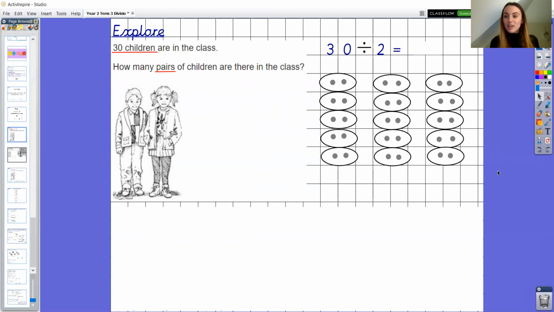So what is the quotient? 30 divided by 2 equals... well done, the quotient is 15. Brilliant, well done, Year 2.